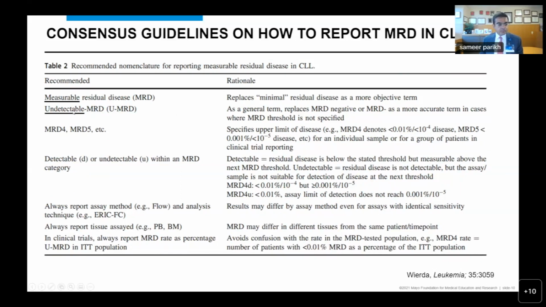And the other important part to highlight is that when you call it undetectable MRD, it is very important to mention the test that was used to assess for MRD, but also to mention the threshold of positivity or negativity, because an undetectable MRD may mean different things to different people. And here they have now started quantifying it, calling it MRD4, MRD5, which really specifies the upper limit of disease detection.